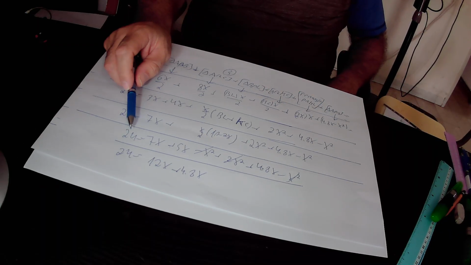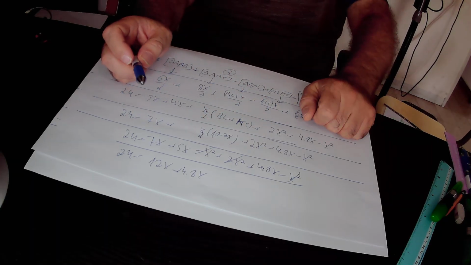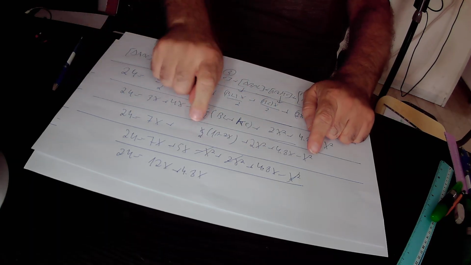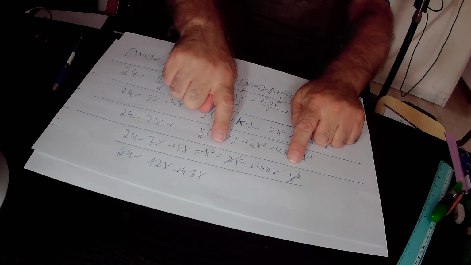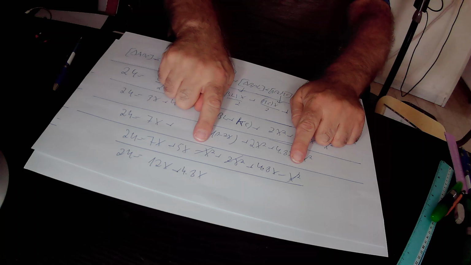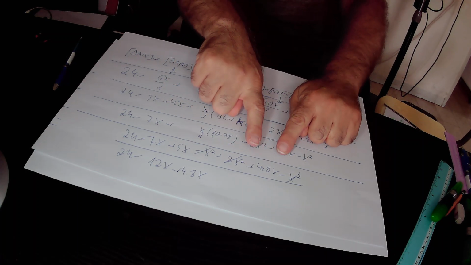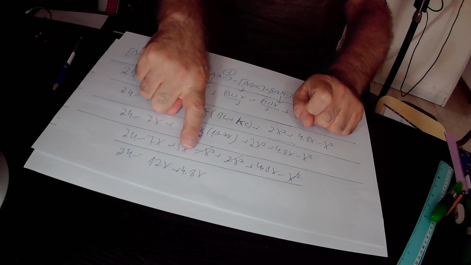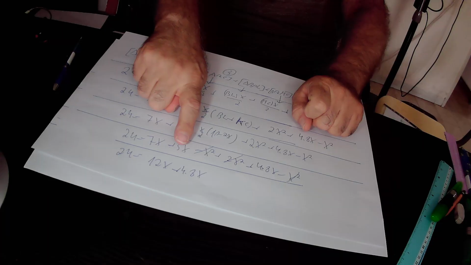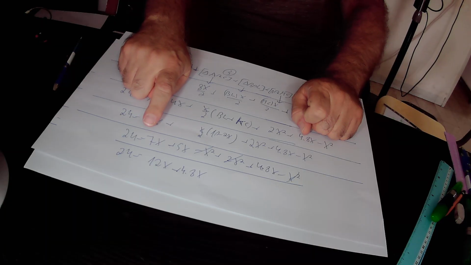So 24 equals 7x plus 5x is 12x. And here minus x squared minus x squared is minus 2x squared, and minus 2x squared plus 2x squared is 0. So those expressions get cancelled, and we are left only with 4.8x. So in total 24 equals 12x plus 4.8x. 12x plus 4.8x equals 16.8x. So in total 24 equals 16.8x.